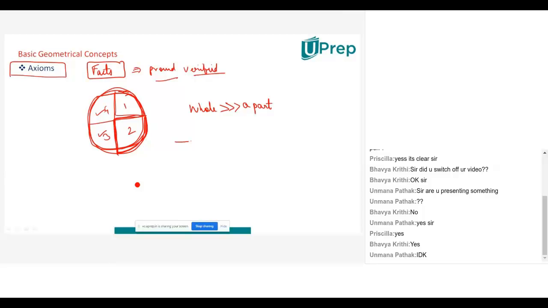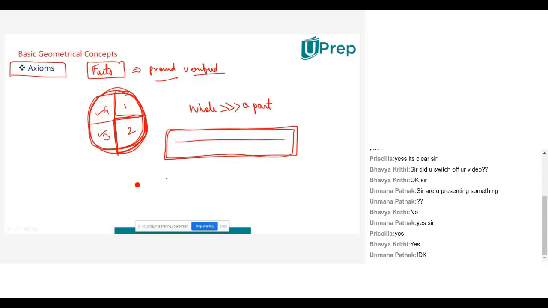Clear? Now, what if I draw a line? This is a simple line, right? But guys, can you tell me what this line is made of? Did you ever question yourself, what is this line made up of? Sir, they're made up of infinite points. Great. So how did we arrive at that? Say I put one dot. This is 1 point. If I put another dot right beside it, I place the dots so close to each other that I cannot count them.